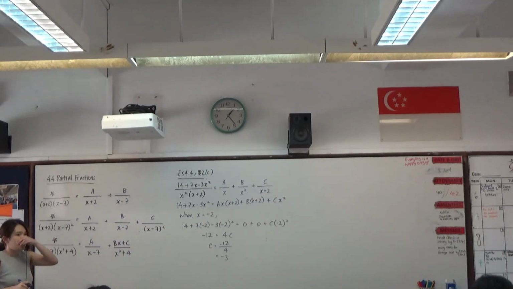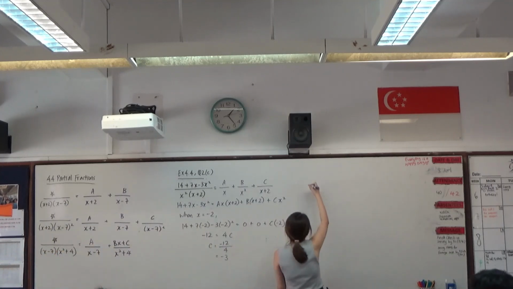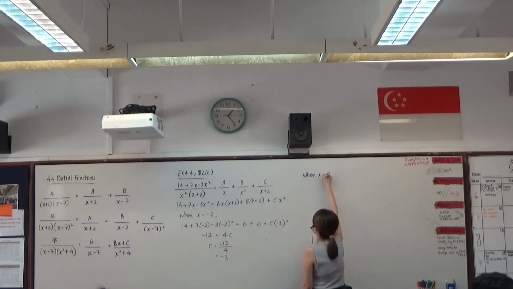Okay. And how do I find A and B? We found C already. How do I find the others? Should I try x equals to 0?